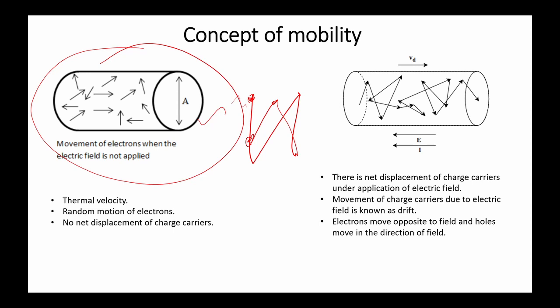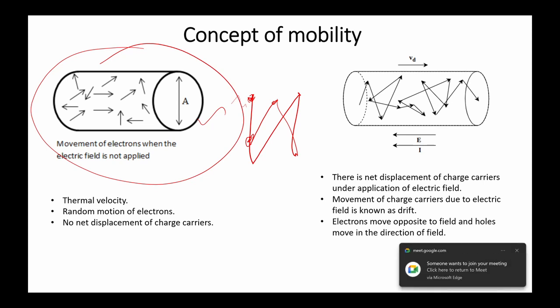In quantum mechanics, we take an ensemble of electrons. We do not talk about a single electron, but about a collection of particles, because there are 10 raised to power 15 or so many electrons.